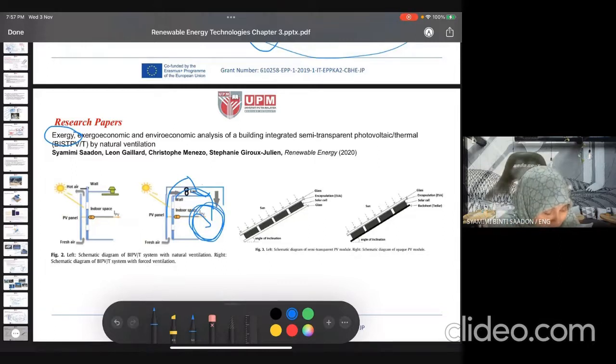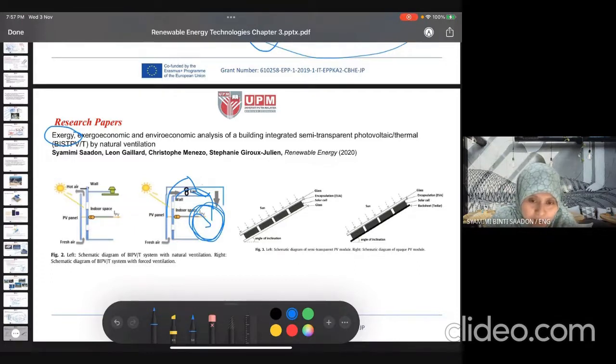Okay, figure 3, the figure on the right-hand side, is to explain the semi-transparent and the opaque PV module that I mentioned just now. Sometimes we use semi-transparent, sometimes opaque. There are pros and cons.